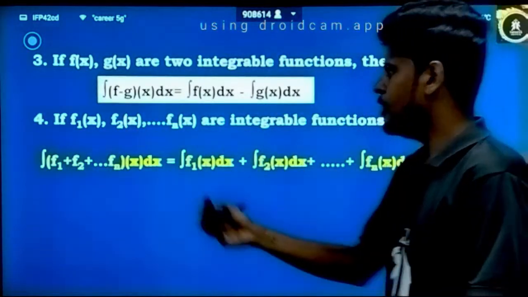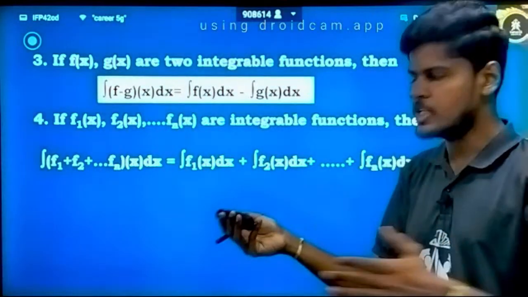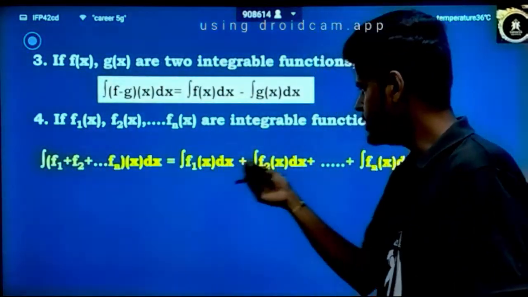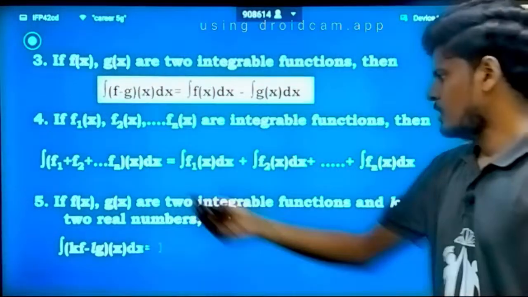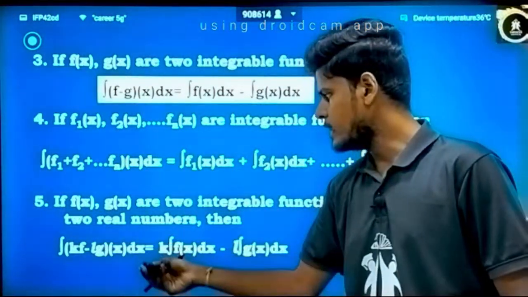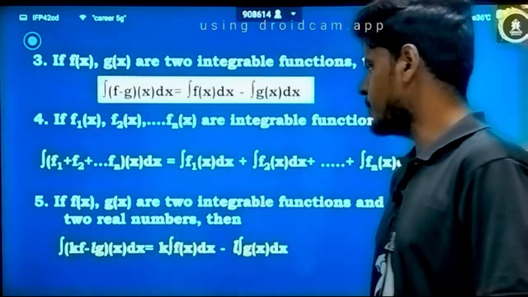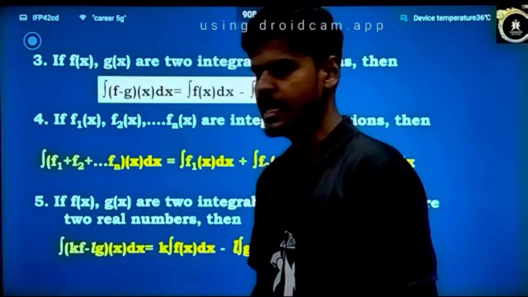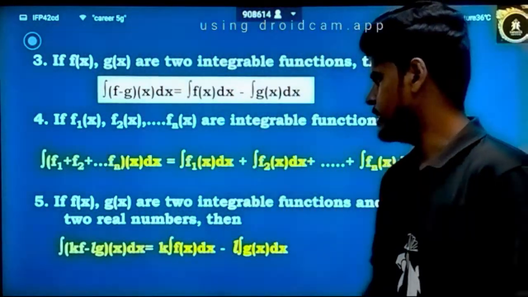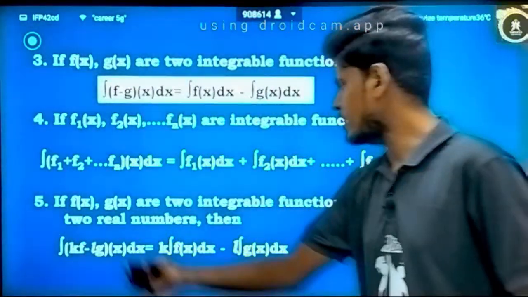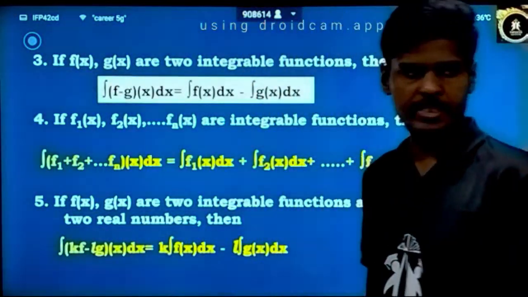Same property, if we have n different functions, addition of n functions, then we can separately integrate each one and add. Now this is again a combination of first and second property. Some function multiplied with a scalar plus or minus another function multiplied with another scalar, where k and l are some scalars, f and g are functions of x.